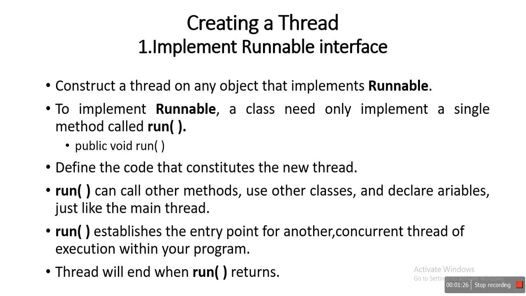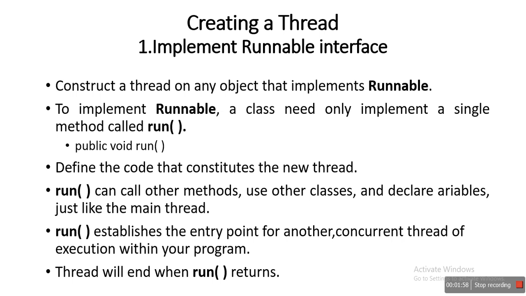For example, we declare one class which is implementing a Runnable interface. On the class which is implementing the Runnable interface, we can create a thread, on that particular class object. So that is the meaning of the first point: construct a thread on any object that implements the Runnable interface.